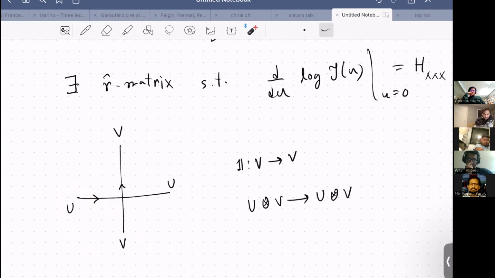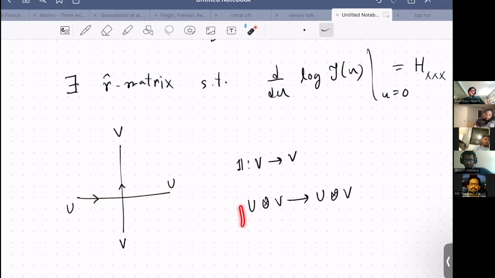You can think of this as some operator acting at the same time. Time evolution is also an operator that acts on the Hilbert space, so you would write it as some operator acting here. If you want to think of it as time evolution, that's okay, but strictly speaking, this is not a time direction.